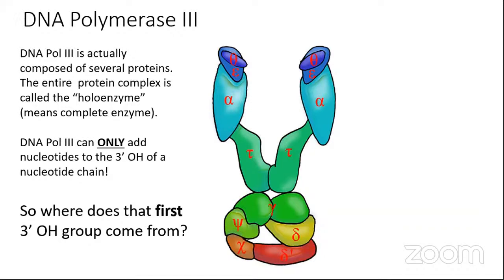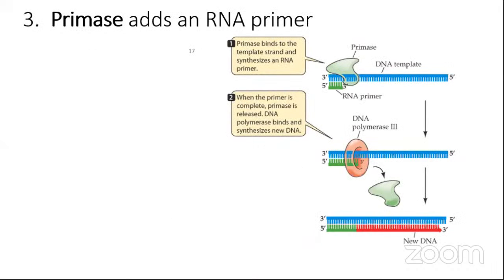So you might ask, normally there will not be any free 3' OH group, so where does this first 3' OH group come from? So this comes from an RNA primer, which is added by an enzyme called primase.